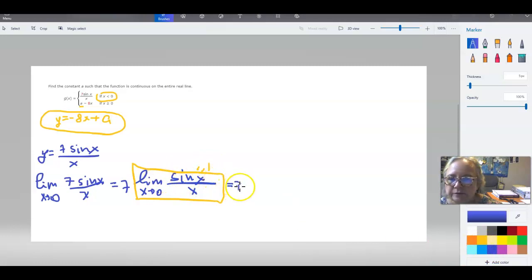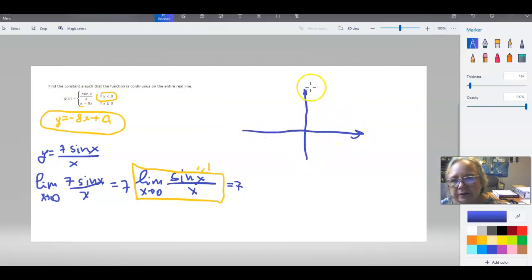If you look at g of x on the left-hand side, because x is less than 0, the graph will approach 7, but it will not have a value at 7. So 1, 2, 3, 4, 5, 6, and 7 here. We need to show that point as an empty circle, a hole, and the graph will approach 7 there.